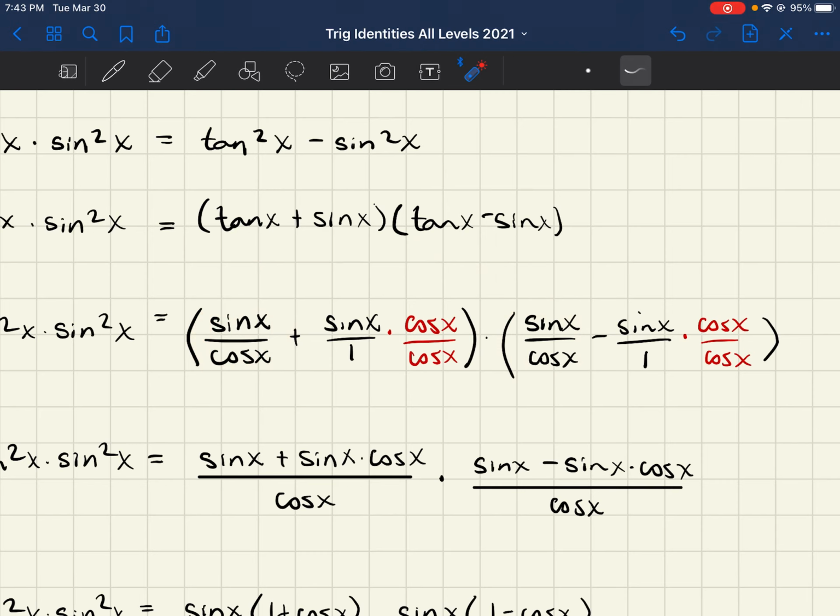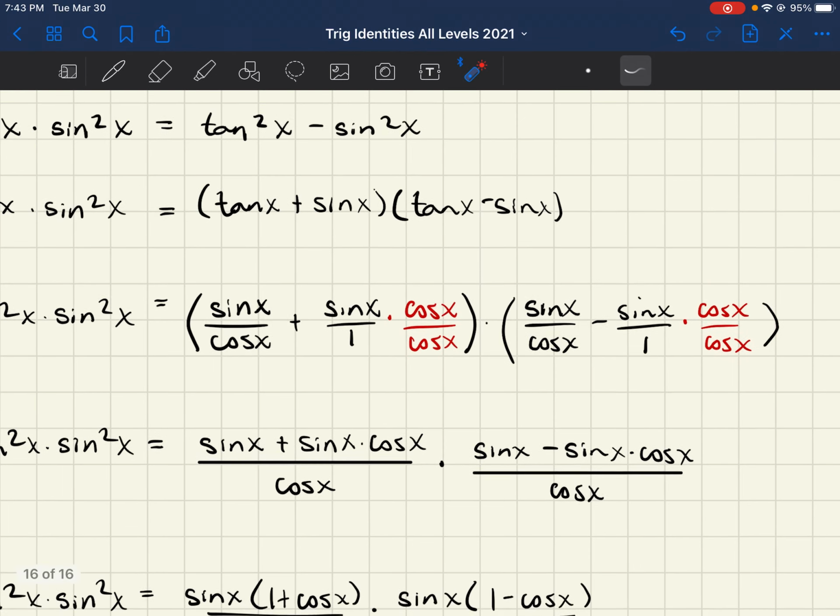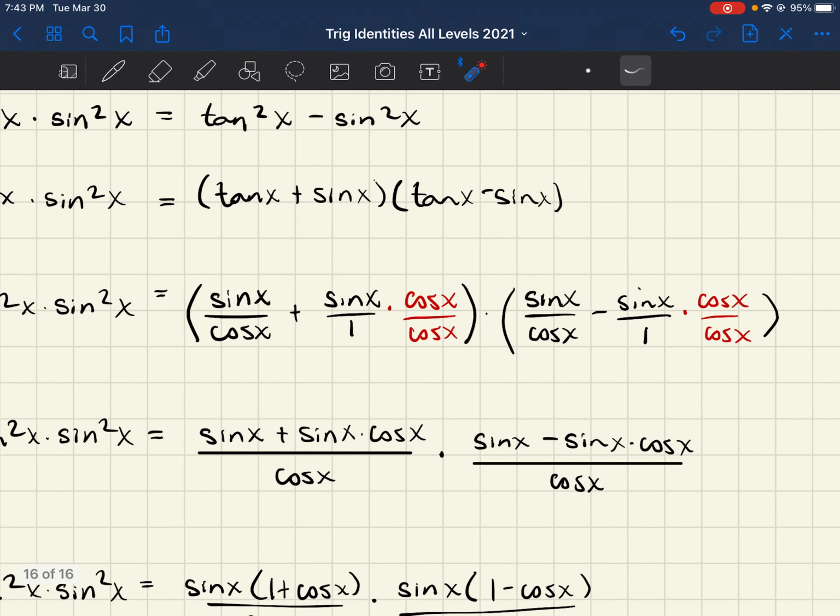Okay. Once you've decomposed into sines and cosines, we need a common denominator. So here in this one, we want a common denominator of cosine, so we multiply by cosine over cosine. Here we also want a common denominator of cosine, so we multiply by cosine over cosine. And we start to simplify here. So this is going to give us sine plus sine cosine over cosine, right there.